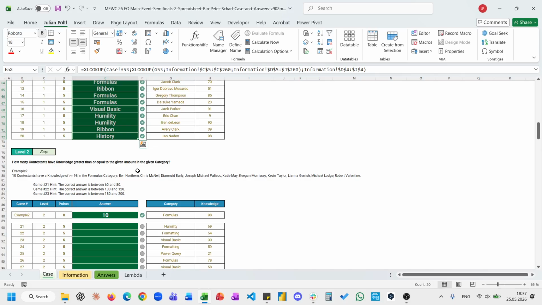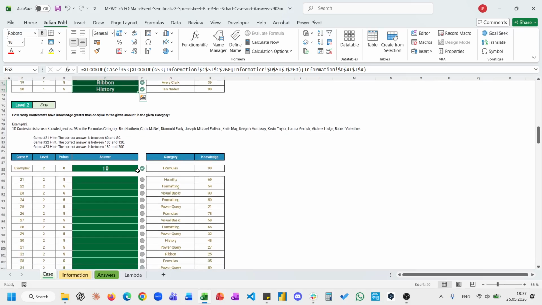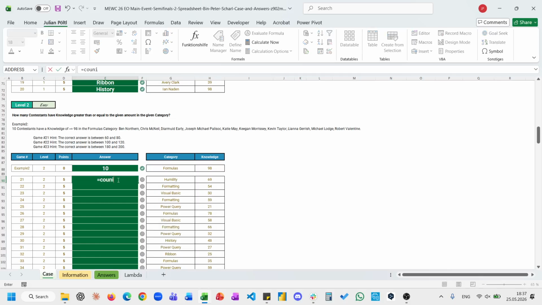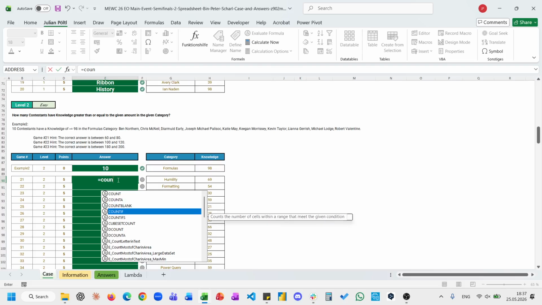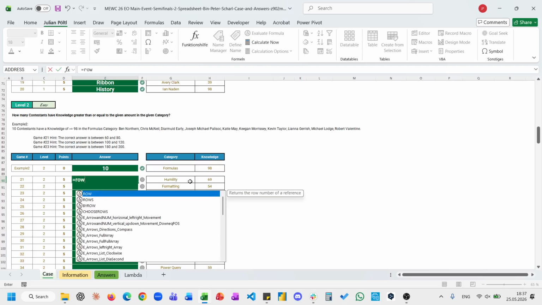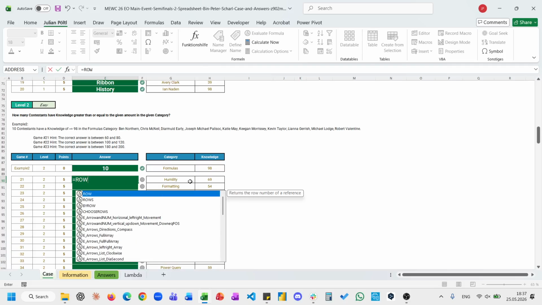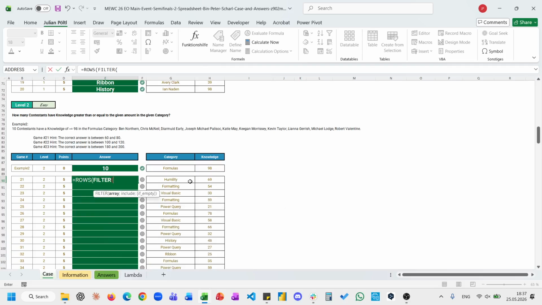Here, how many contestants have knowledge greater than or equal to the given amount in the category? So COUNTIFS. No, not COUNTIFS, that will not work with this lookup. Then rows filter.